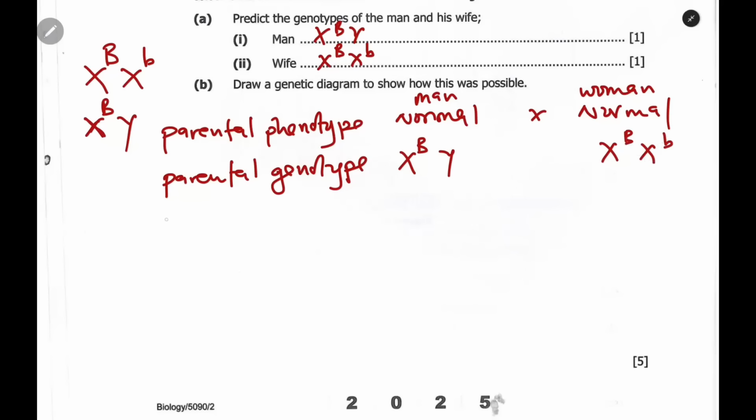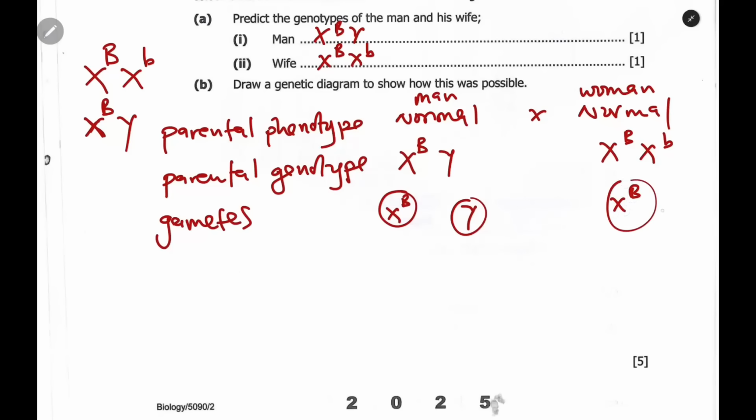Now we come to gametes. For gametes, we put them in circles, making sure they are spaced: XB and Y for the man, XB and Xb for the woman. Now let us do the crossing.